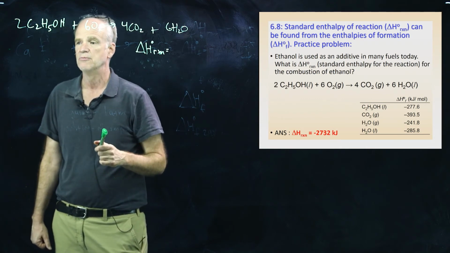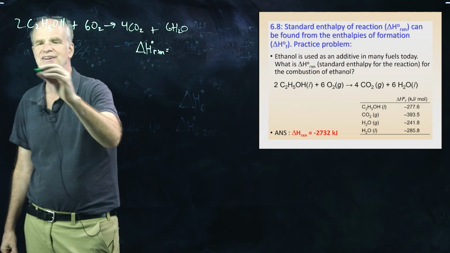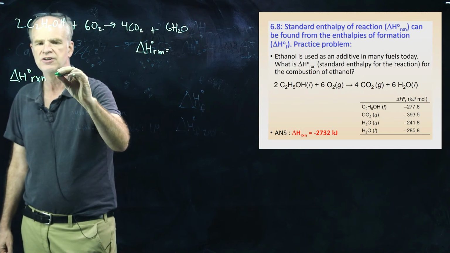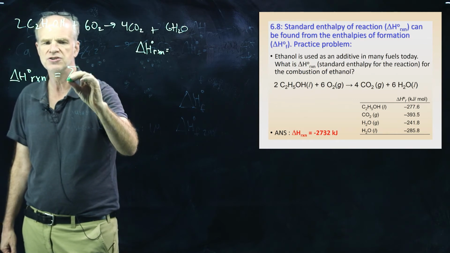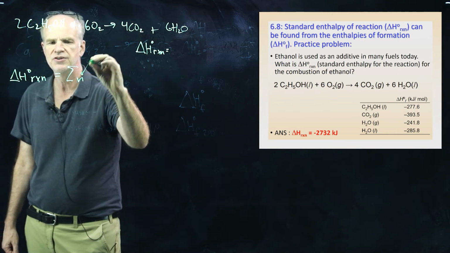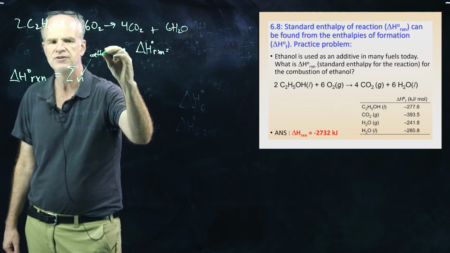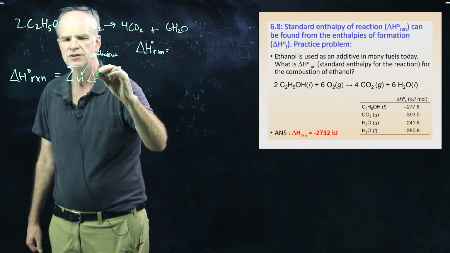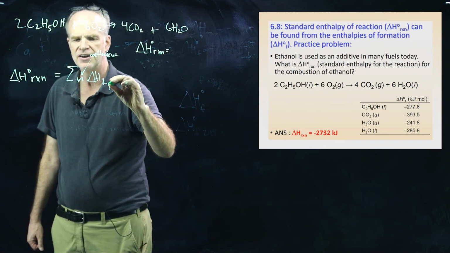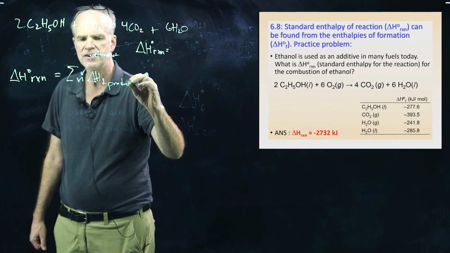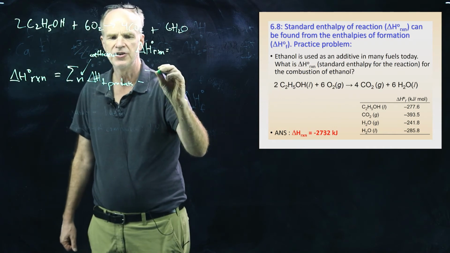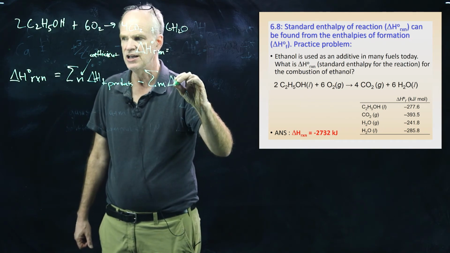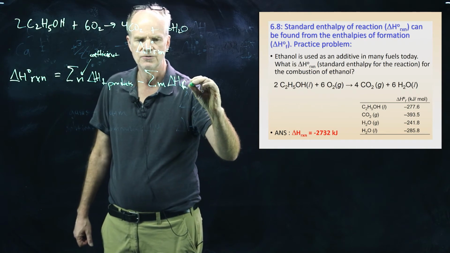As I recall, the standard enthalpy change of the reaction is equal to the summation of n, the coefficient for each molecule, times the standard enthalpy change of formation of the products, all added up, minus the sum, with m, of the standard enthalpy change of formation for the reactants.